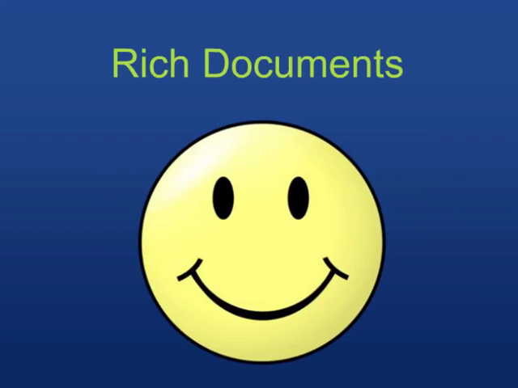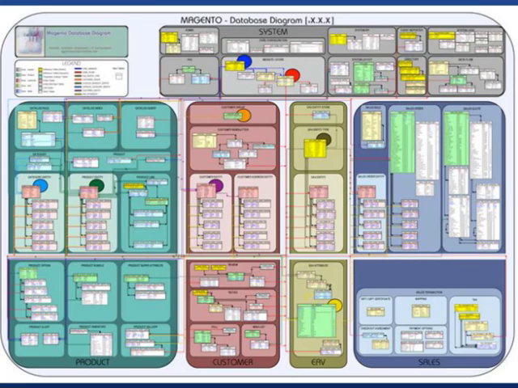We like rich documents. They're fun to work with. It's a lot easier to think about your book and all its comments as a single object in many cases than it is to try to completely normalize your data model. And as a counterexample to this, we have things like this. This is the entity relationship diagram for Magento, which is an open source e-commerce platform. Magento is a really powerful e-commerce platform, but it's really complicated.